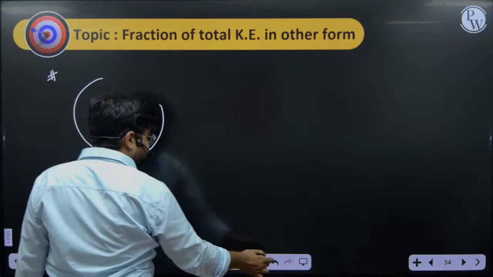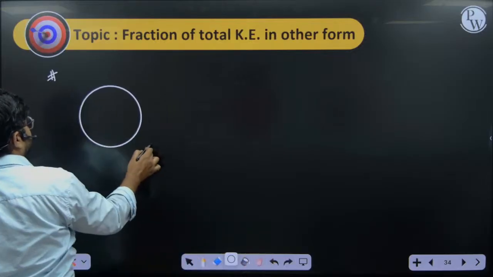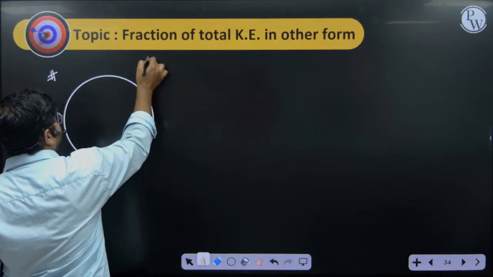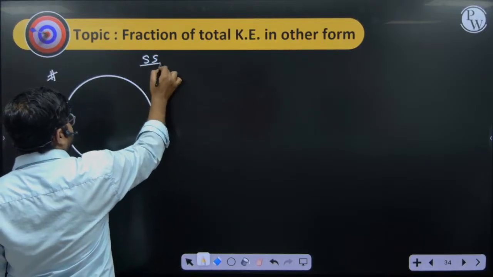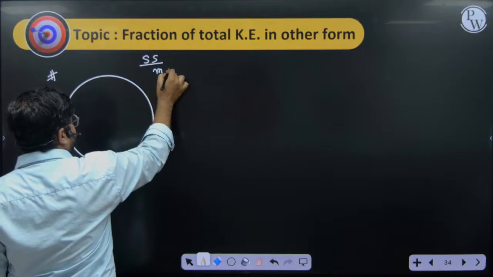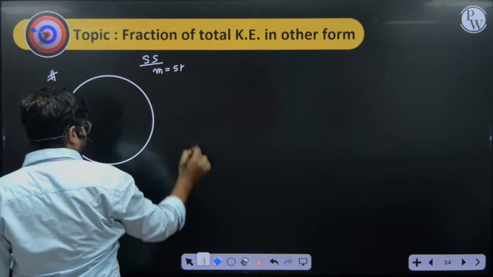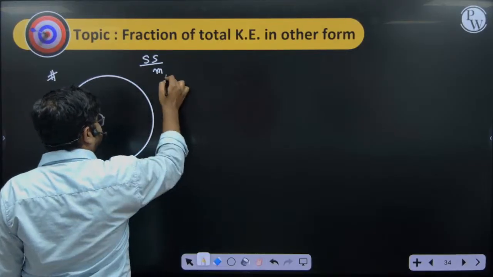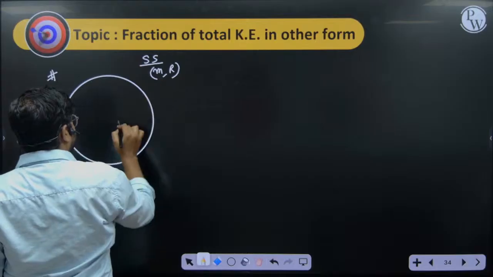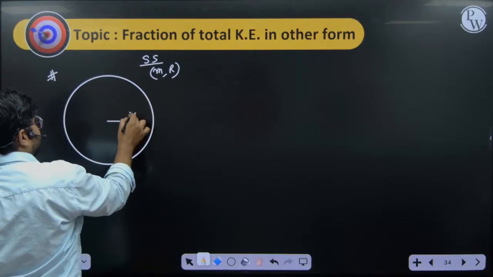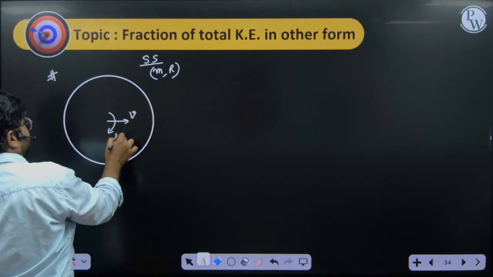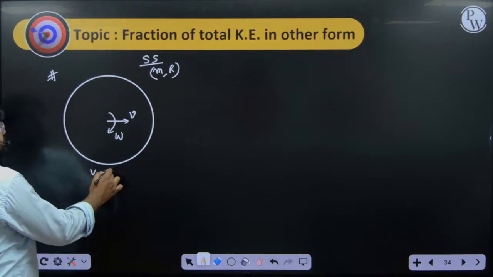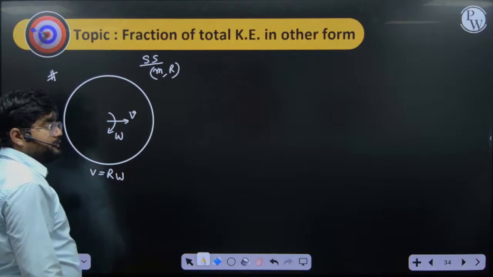Suppose we have a solid sphere, mass m, let's say 5 kg, or just let me take it as m and radius r, and it is doing pure rolling. It's going forward with v and rotating with omega, and v is equal to r omega. Pure rolling is taking place.